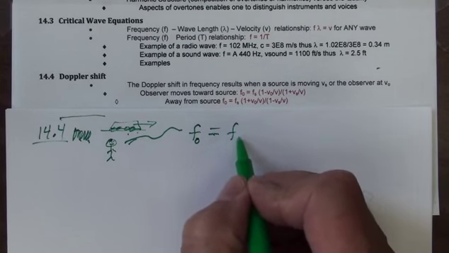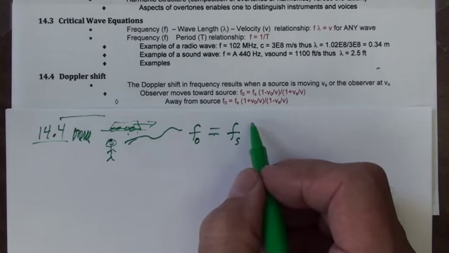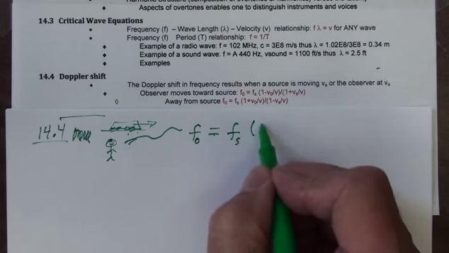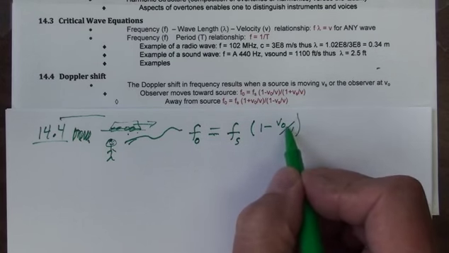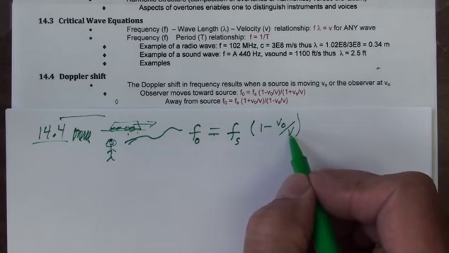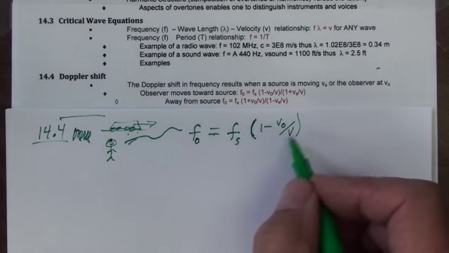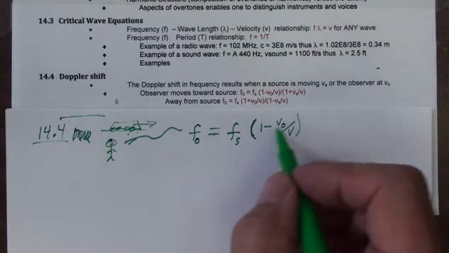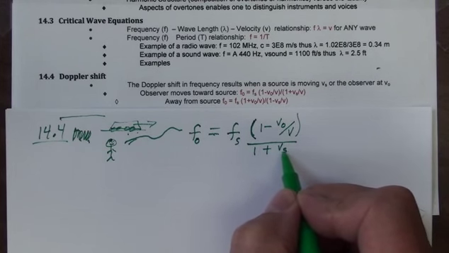It's the frequency of the source, that would be the train or the car or the horn or whatever, times 1 minus V naught over V. V naught is the velocity of the observer. V is the velocity that the object is moving, divided by 1 plus V of the source over V.